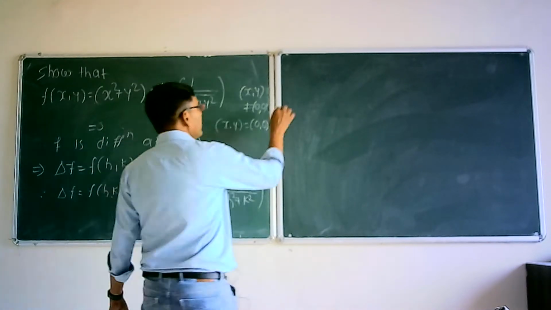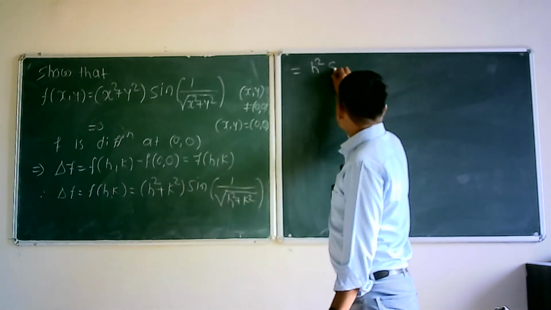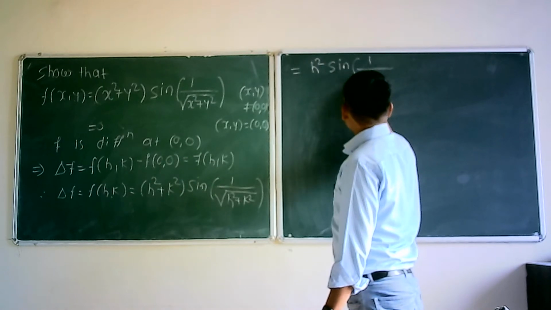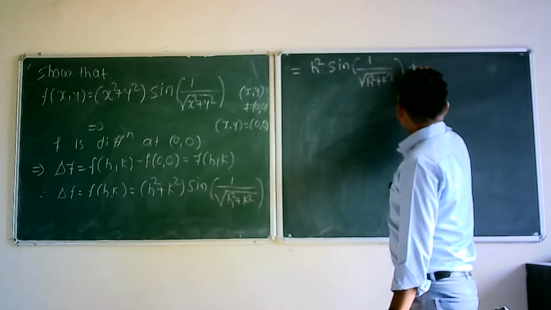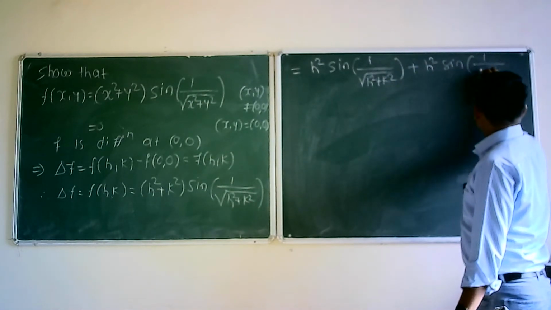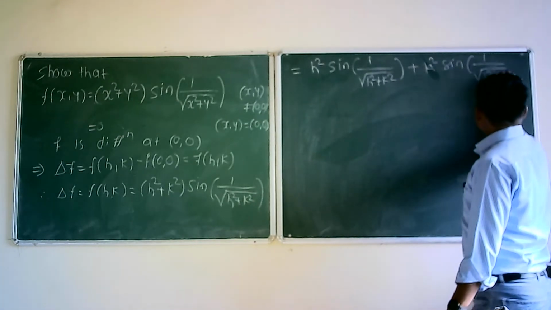This function can be written as h² sin(1/√(h² + k²)) + k² sin(1/√(h² + k²)).